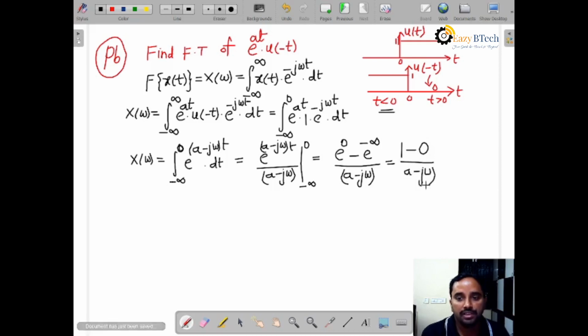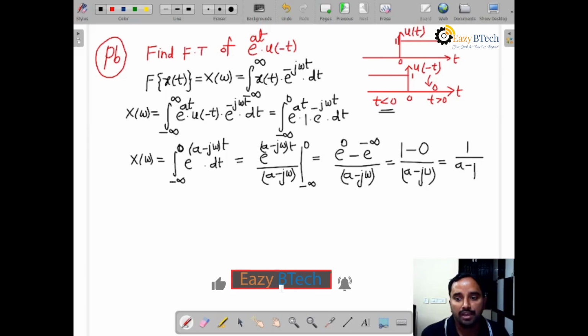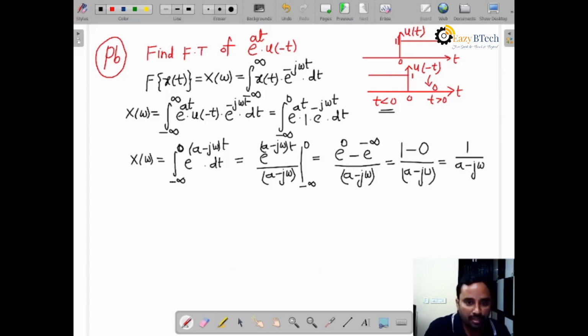So the result is 1 by (a minus j omega). So this is the Fourier transform pair. I am writing the final result: e power at u(-t) Fourier transform is 1 by (a minus j omega).